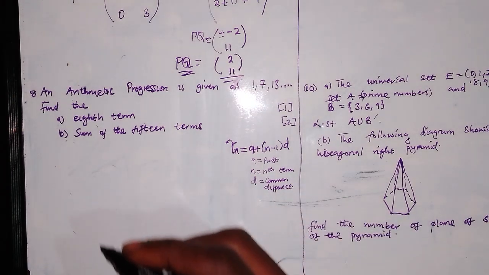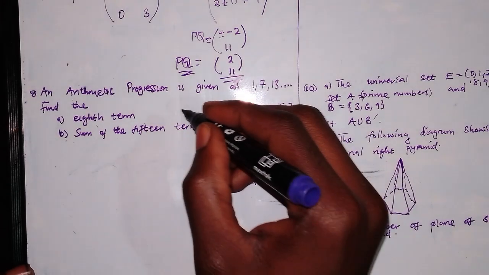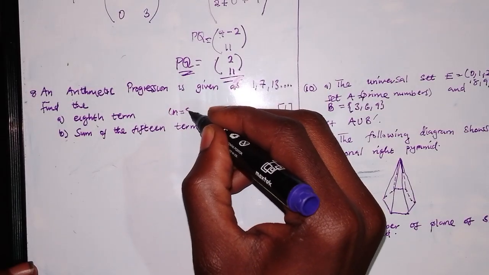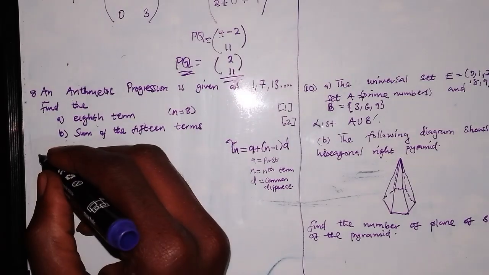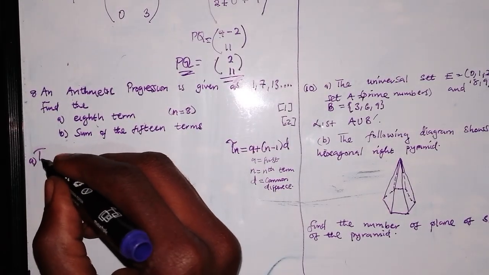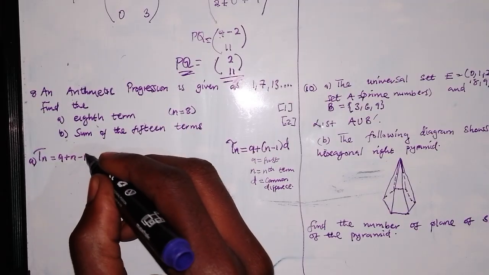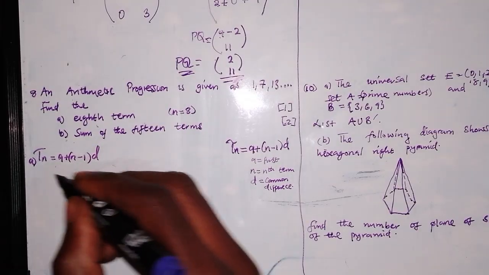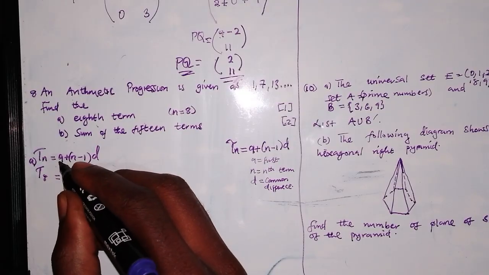Our first question is asking us to calculate the 8th term. Since we are calculating the 8th term, our n is equals to 8 because it is at position 8. So you say our a_n is equals to a plus n minus 1 d. Then we said our n is 8. What is our first term?